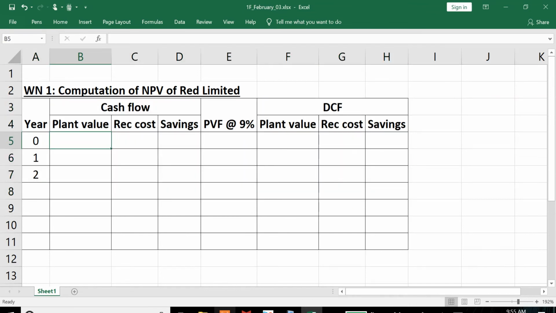What is the plant value? Minus 10,000. Nothing changes. Plus minus, all rules remain same. Just that you write it as multiple line items, multiple columns. Minus 10,000. What's the recurring cost? Minus 4,000 and minus 5,000. Year 0, nothing is there. Minus 4,000, minus 5,000.